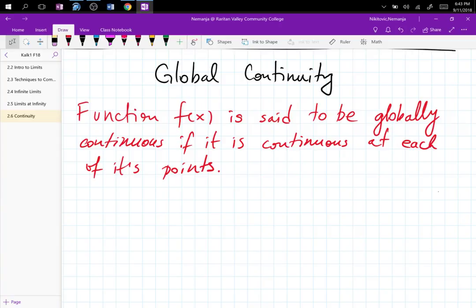So what do we do? Well, we write more theorems. The next theorem says the following functions are globally continuous. Then there's the list, and that's where your memorization kicks in.